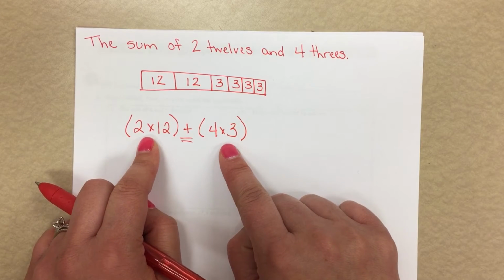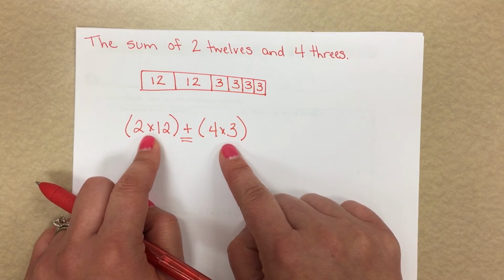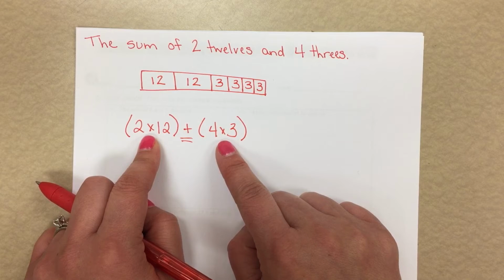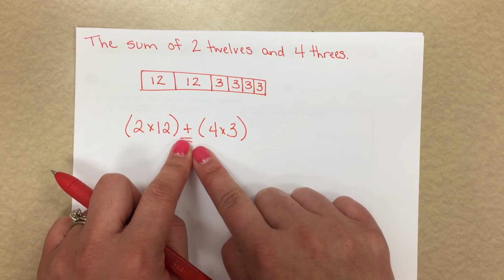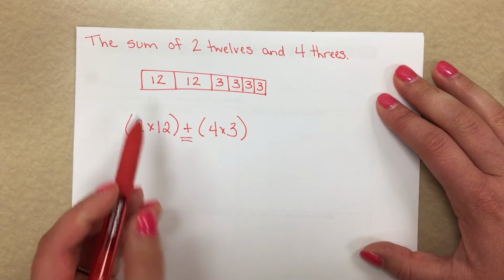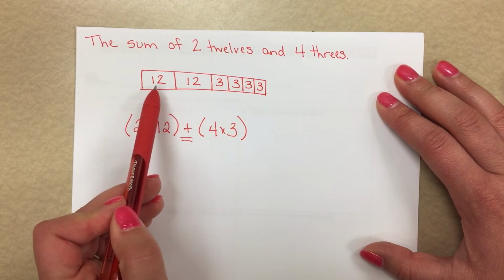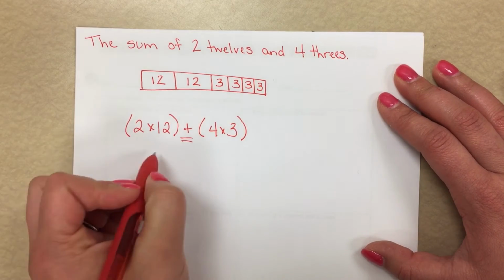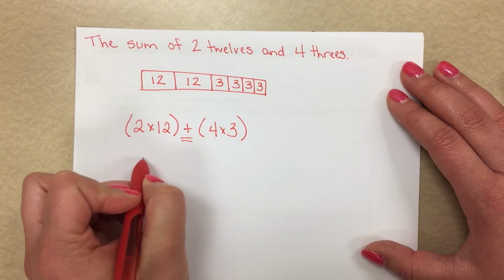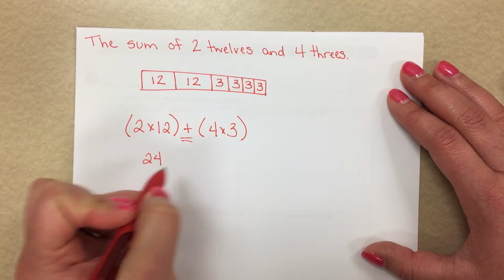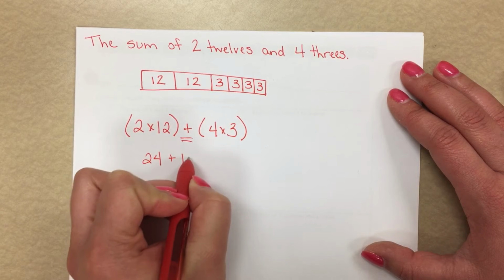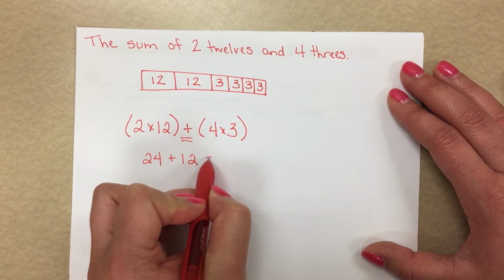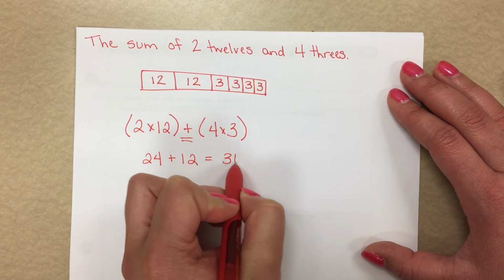So I would multiply the 2 times 12, I'd multiply the 4 times 3, and then I would add those together. And I would get the same thing as if I drew it out in my tape diagram and added all of those numbers up off to the side. So if I was doing it using order of operations, I would have 24 plus 12 gives me 36.